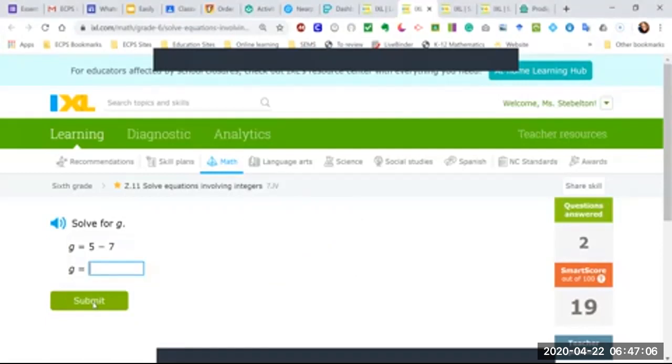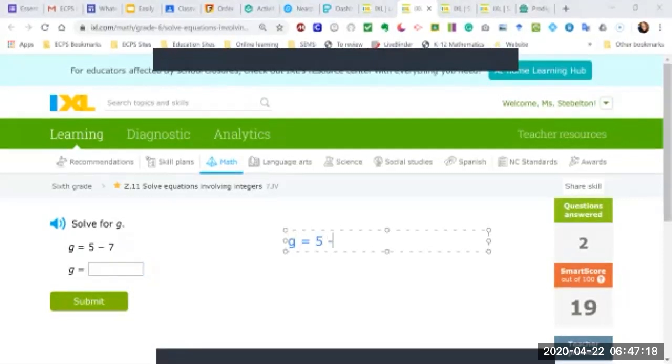Okay, so this one is a little different. Not a whole lot different, because that letter is all by itself still. Since G, the variable, is all by itself already, all we have to do is know what 5 minus 7 is.